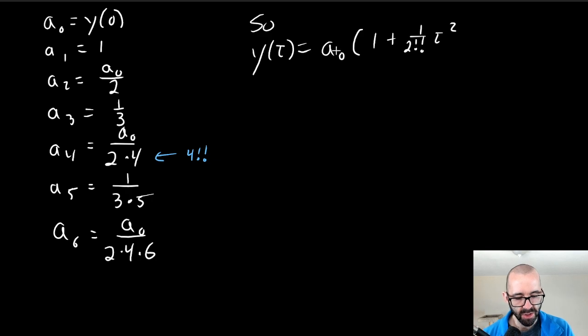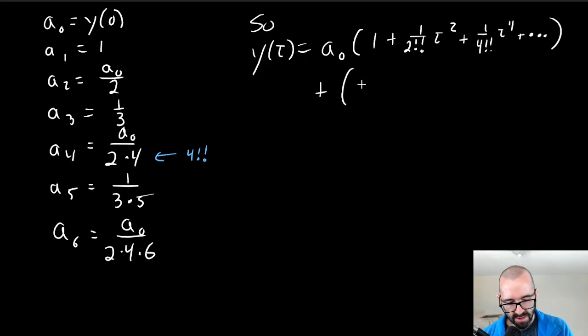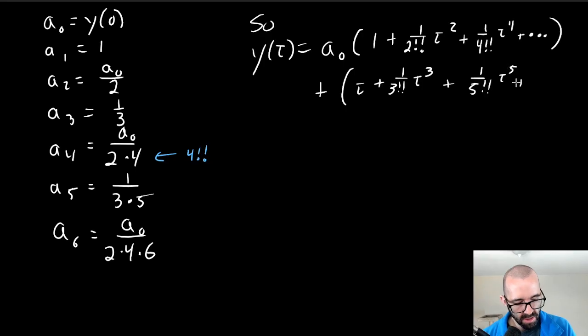So let's write the evens first, and then we can factor out an a naught. And again, it's going to be plus 1 over 4 double factorial t to the 4th, and so on, plus all the odds. The odds are a little easier. It's just t plus 1 over 3 double factorial t cubed plus 1 over 5 double factorial t to the 5th, and so on, right?